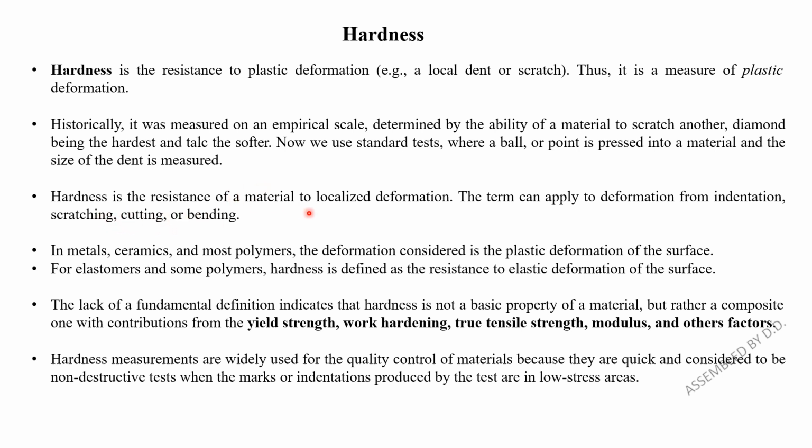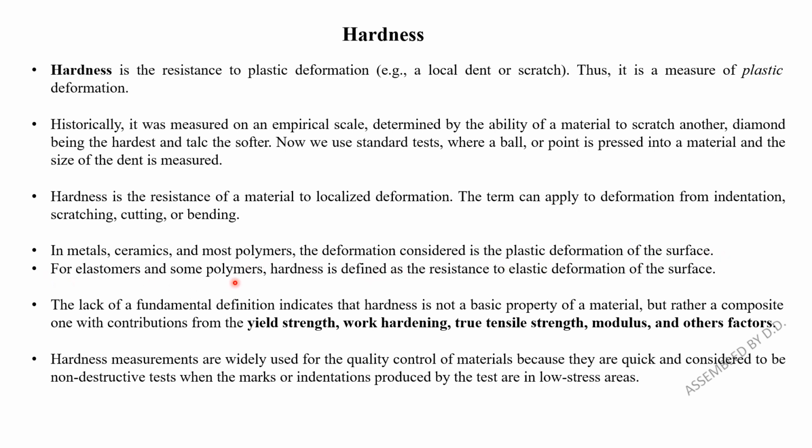Hardness is the resistance of a material to localized deformation. The term can apply to deformation from indentation, scratching, cutting, or bending. In metals, ceramics, and most polymers, the deformation considered is the plastic deformation of the surface.